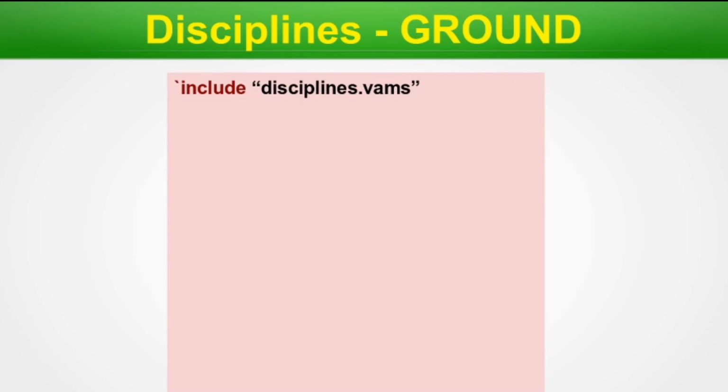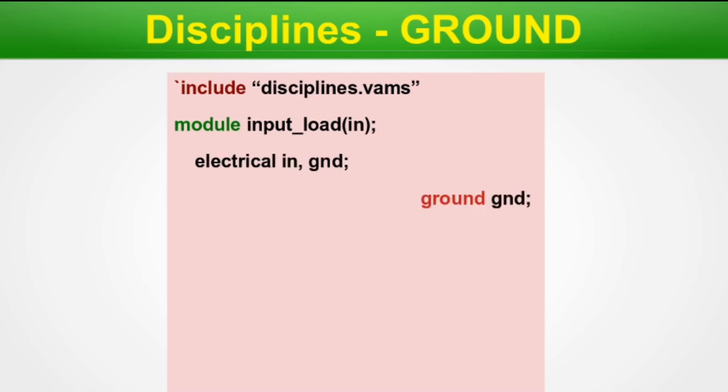In this particular slide, I'll be giving an example of another type of discipline called ground. Yes guys, ground is a general ground of a circuit. So let's see the example. We include disciplines.vams, as you generally do, because all the discipline and natures are defined there. Writing the module name, defining the input and ground. Their nature is electrical, and we are specifying GND as ground here in this particular statement.